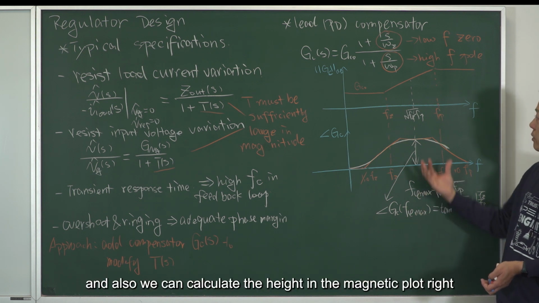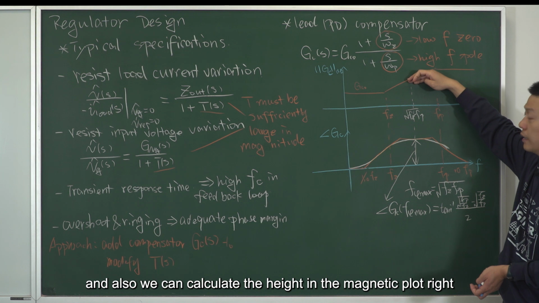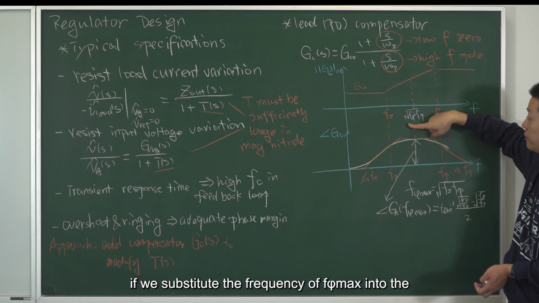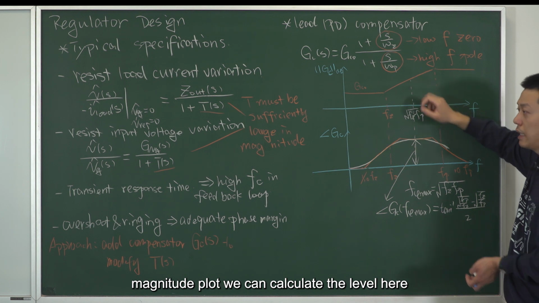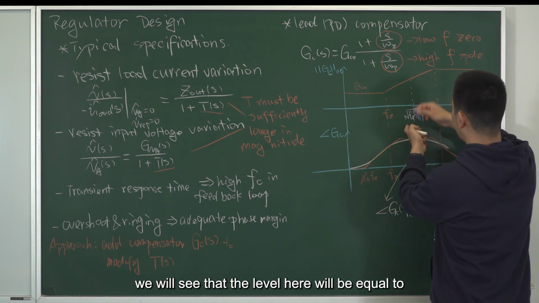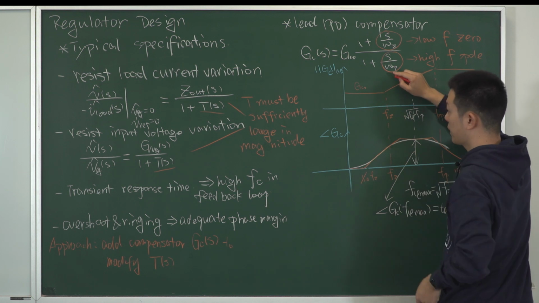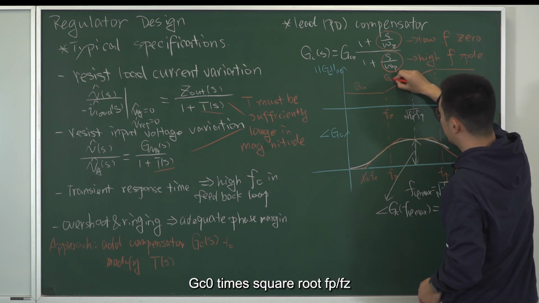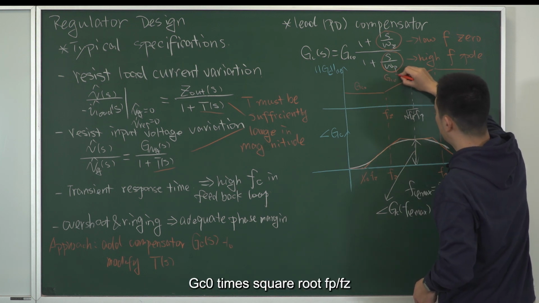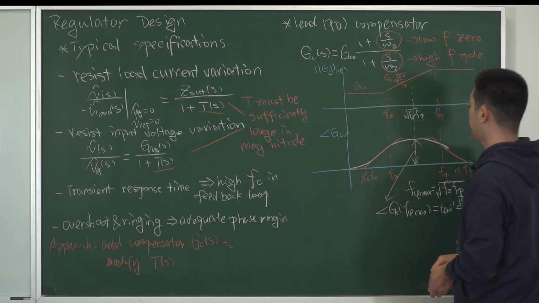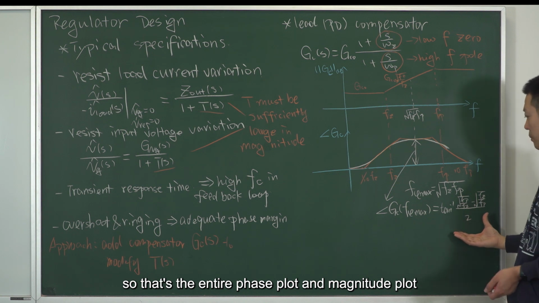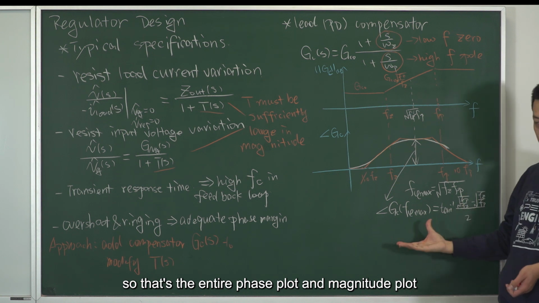Also, we can calculate the height in the magnitude plot. If we substitute the frequency F phi max into the magnitude plot, we will see that the level here will be equal to GC0 times the square root of Fp over Fz. So that's the entire phase plot and the magnitude plot.